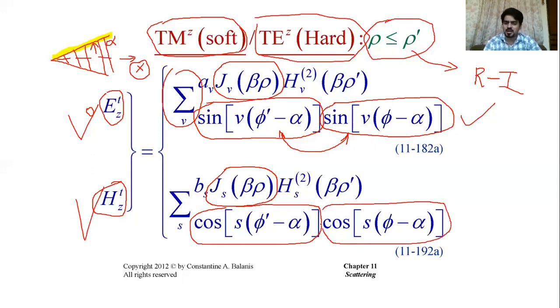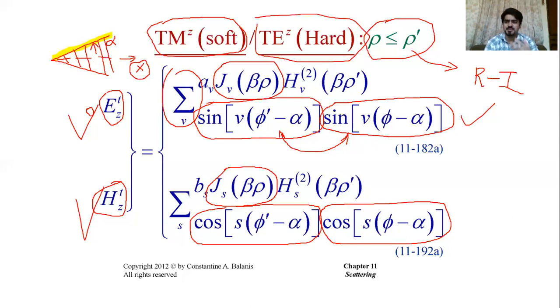Because if you remember, when we use Maxwell's equation and find the corresponding E field from the H field, you have to differentiate with respect to phi. And when we differentiate this cosine function and get the expression for E_rho, it will again have a sine function variation.